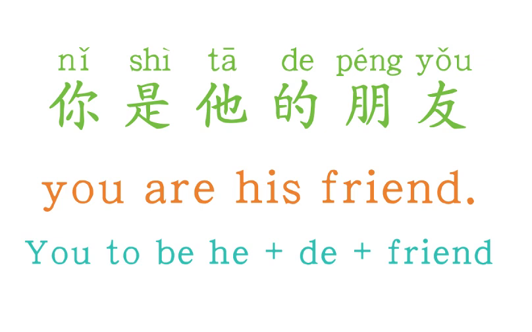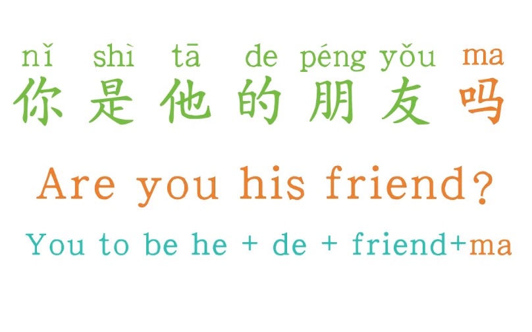We just add the little magic particle, ma, at the end of this statement. So that becomes, 你是他的朋友吗? And this is exactly the question, are you his friend?